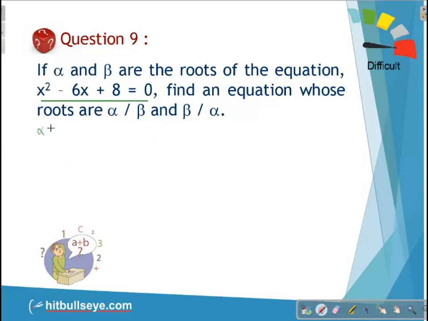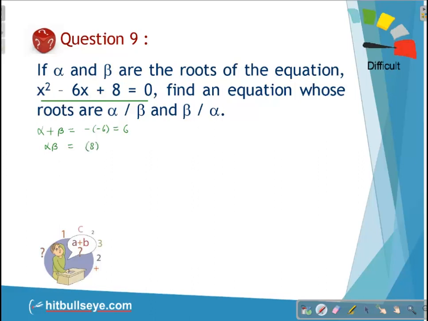The sum of roots, that is alpha plus beta, of this equation is minus b by a, that means minus of minus 6, that is 6, and the product of roots is c by a, that is 8.